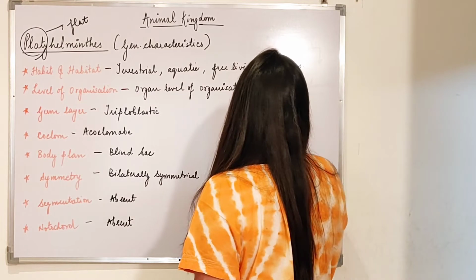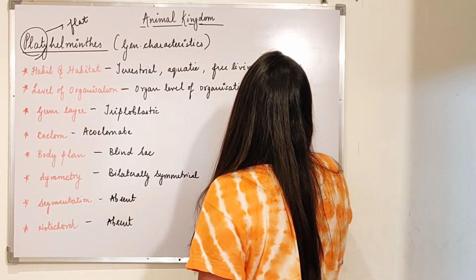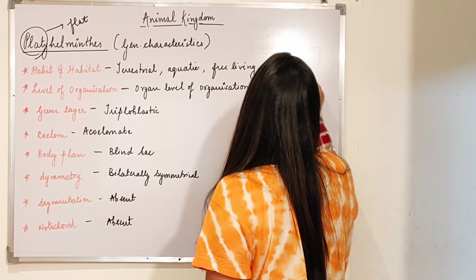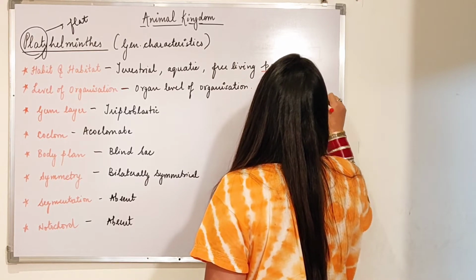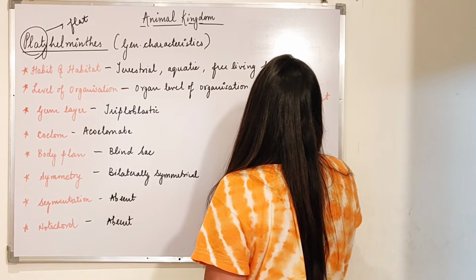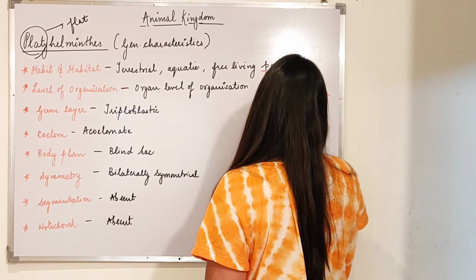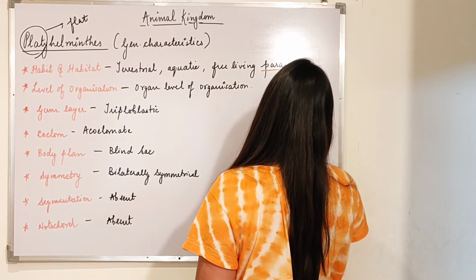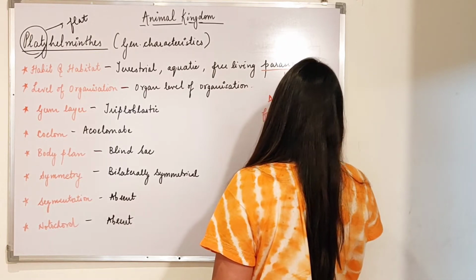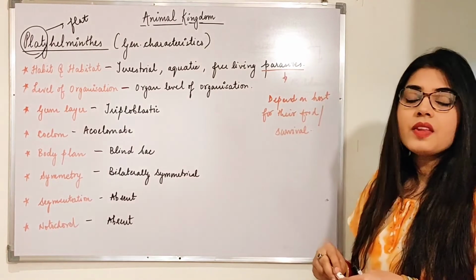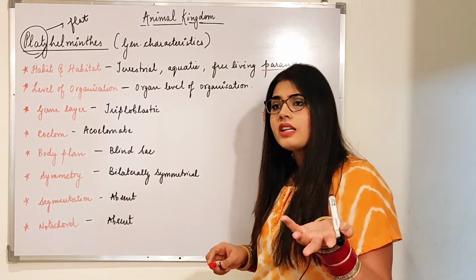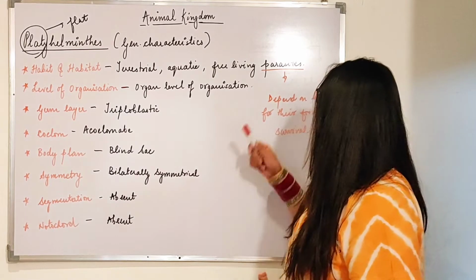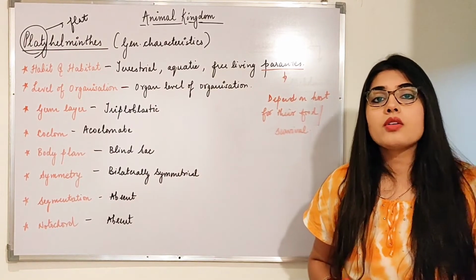So beta, parasite means they depend upon a host for their food, or you can also write, for their survival. Okay, so parasites depend upon a host. This you have learned in class 7th and 8th, I think, right? Parasites are obviously dependent upon hosts.